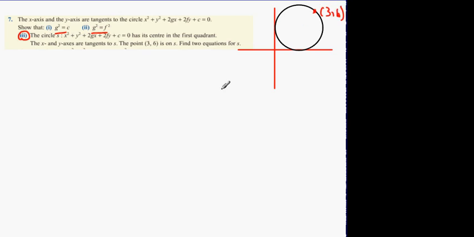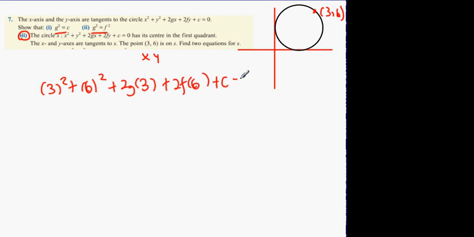What we're going to do is pick up our easy marks by replacing x with 3 and y with 6. So we get 3 squared plus 6 squared plus 2g times 3 plus 2f times 6 plus c equals 0.